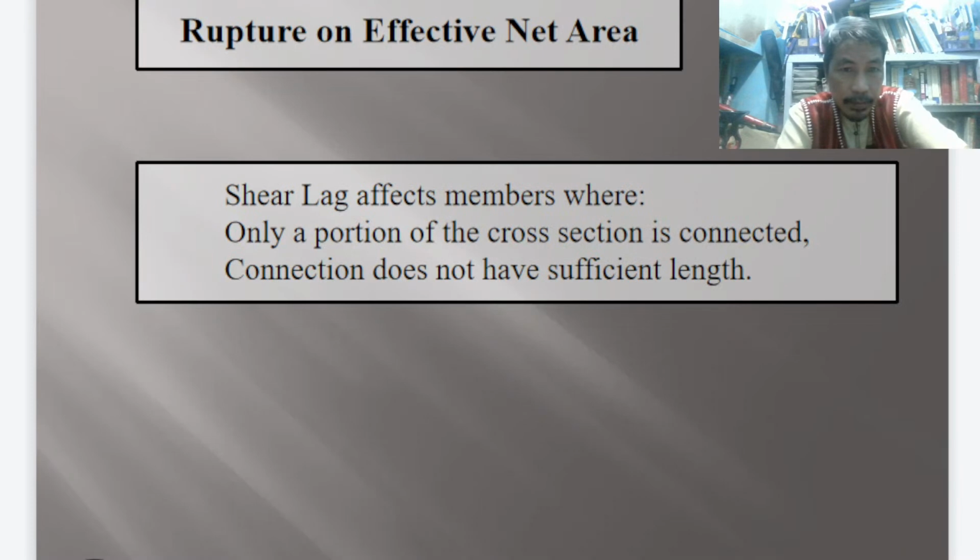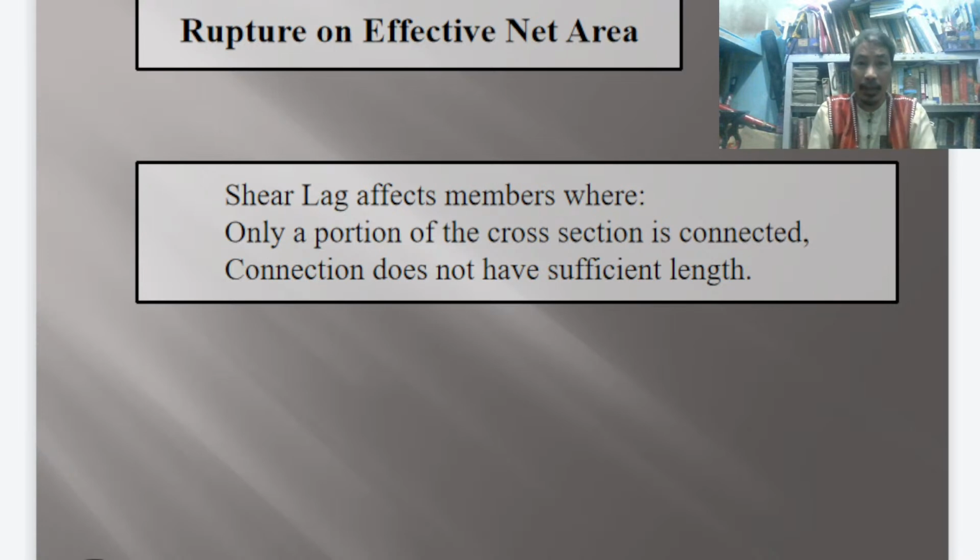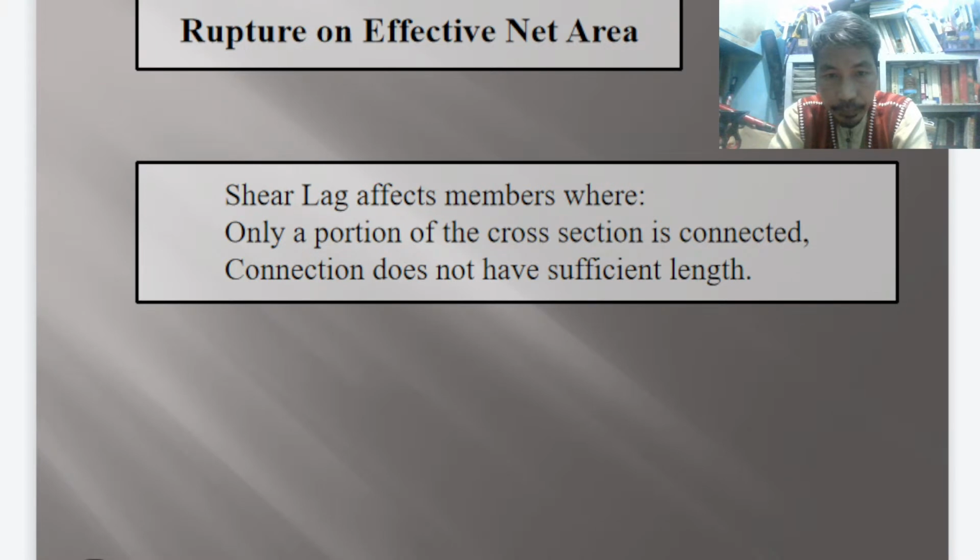Now, let us talk about the rupture on effective area in much greater detail.